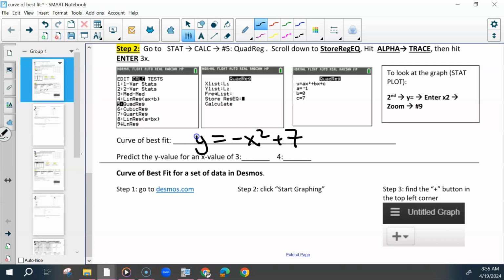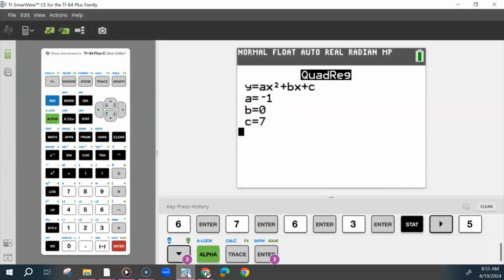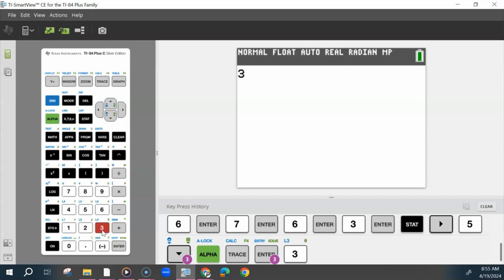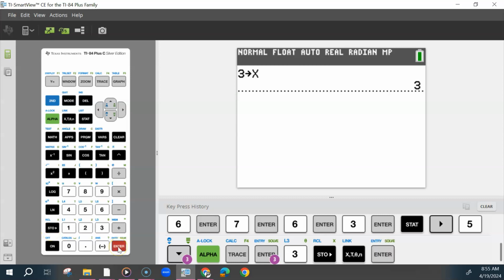And then you could find the y values from the calculator 2 different ways. One would be storing your value. So taking 3, just typing 3, typing in the STO, and then X and enter.